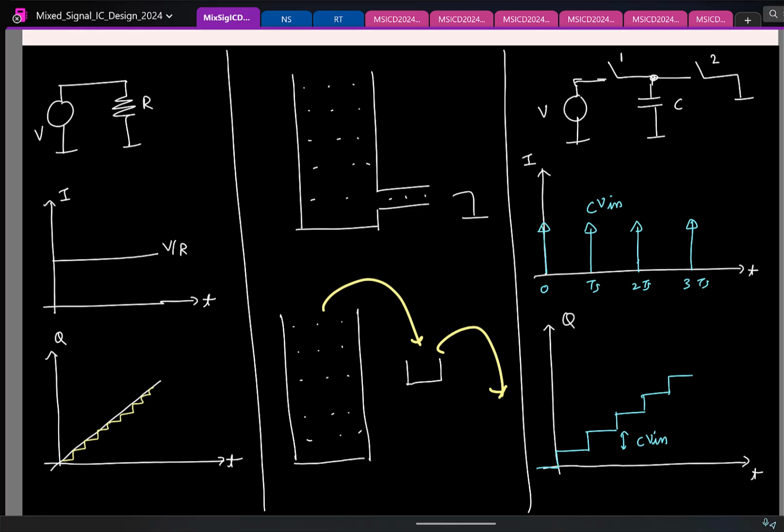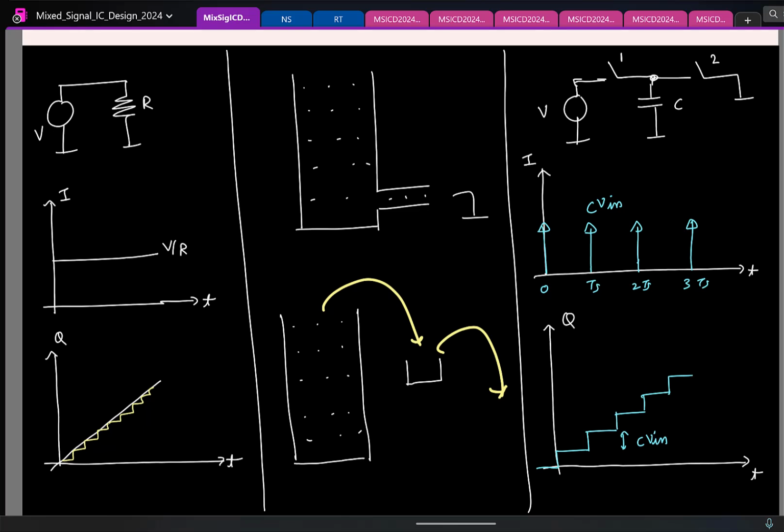At what all frequencies? Yeah, 1 by TS is, let us say, Fs. You'll also have components at 0, Fs, 2Fs and so on. You applied a DC voltage, the current not only contains the DC component, also the harmonics of Fs.